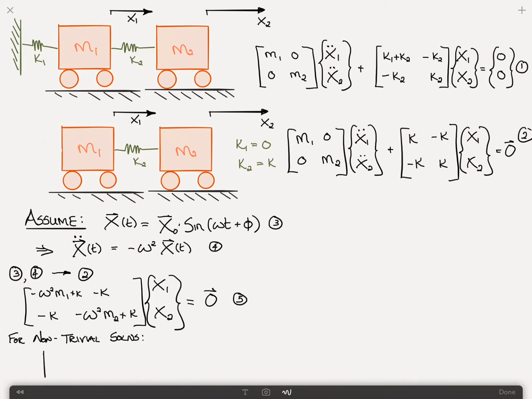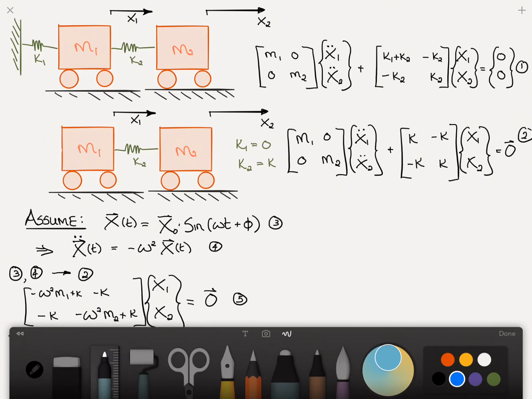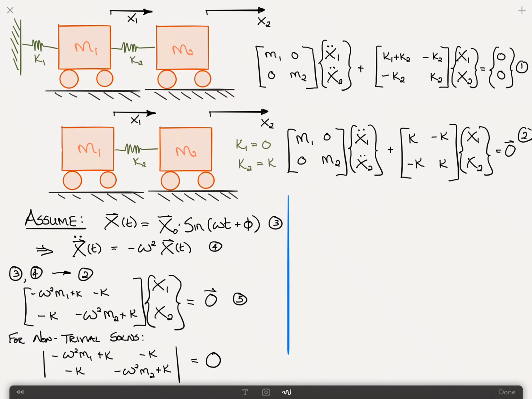So we write that as follows: the determinant of [minus omega squared m1 plus k, minus k; minus k, minus omega squared m2 plus k] is equal to 0. Let me make some more room here. We're going to take this up here.